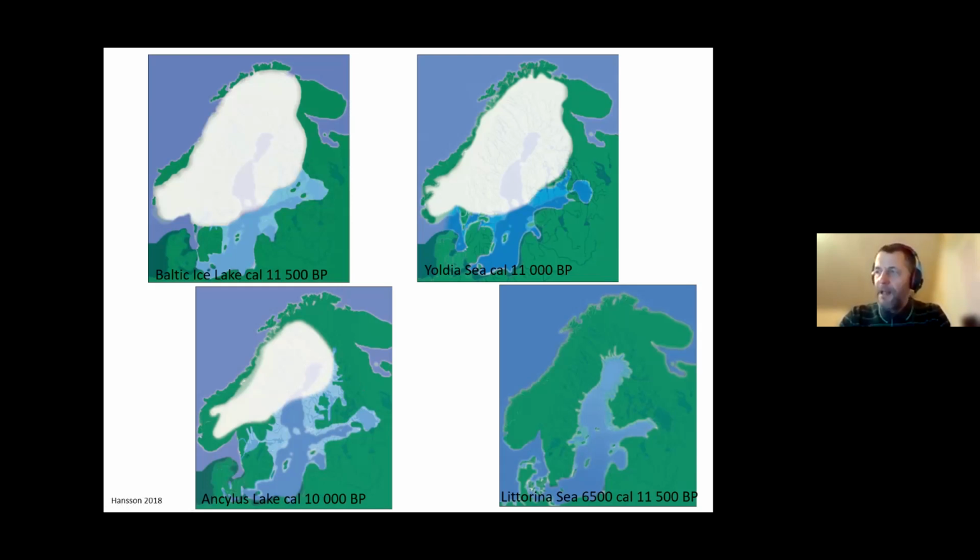It's warm, it's saline, and it's more or less the shape of the contemporary Baltic Sea. As you can see, the most northerly areas are now open, the ice is gone here, and it has a connection to the North Sea. So the Baltic Sea we have nowadays has been totally different in different historical periods.